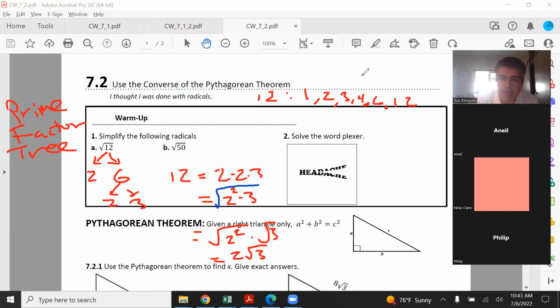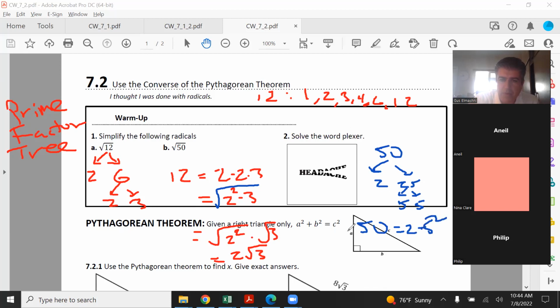You do the same thing for 50. Break it down to, like, say, 2 and 25. Break it down to 5 and 5. So then you got 50 is 2 times 5 squared.